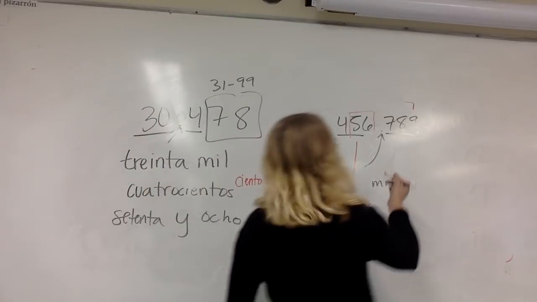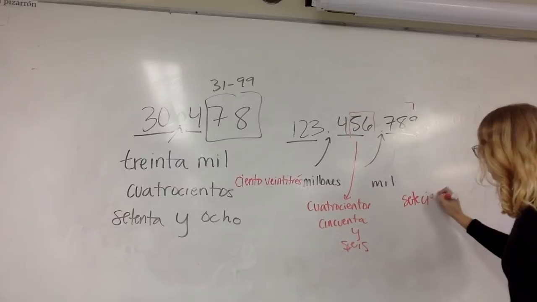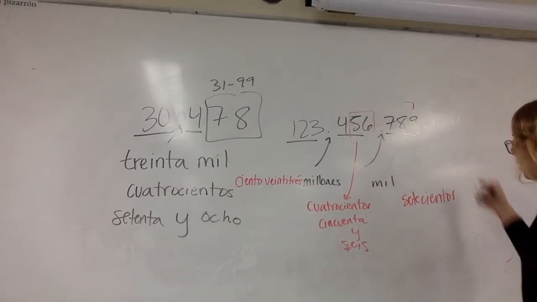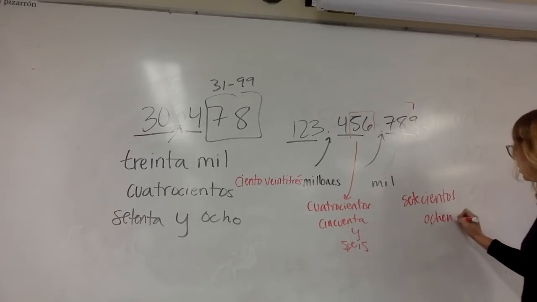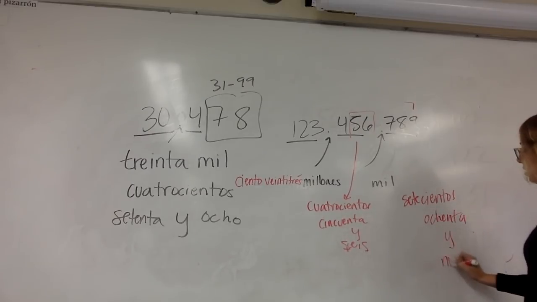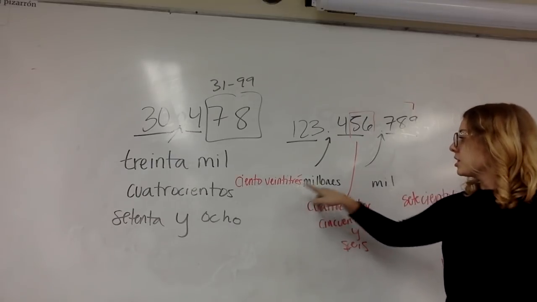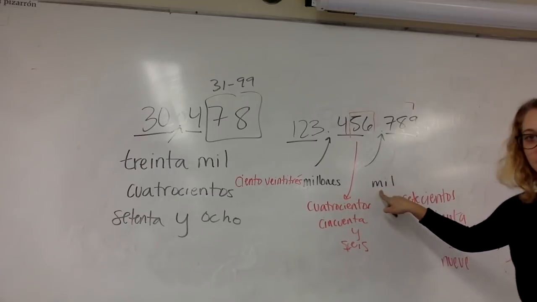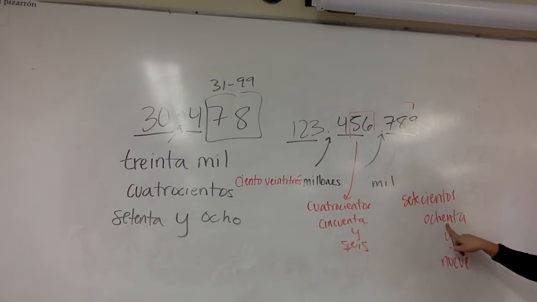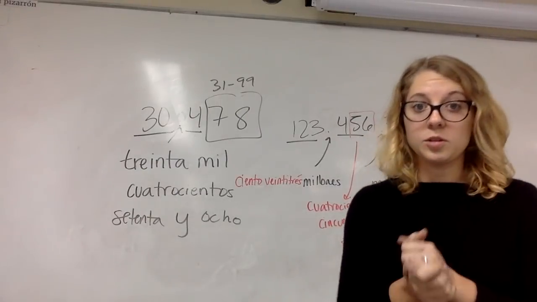And then finally, 789, I've got setecientos. 89 is between 31 and 99, so I have ochenta y nueve. So my final number is ciento veintitrés millones cuatrocientos cincuenta y seis mil setecientos ochenta y nueve, 123.456.789. So that is how we do numbers in Spanish.